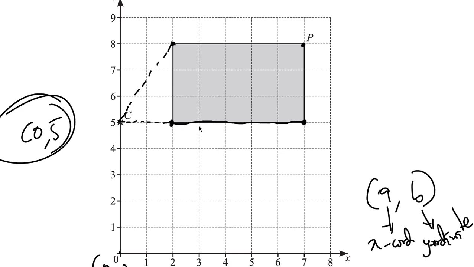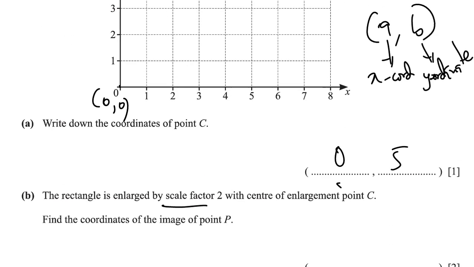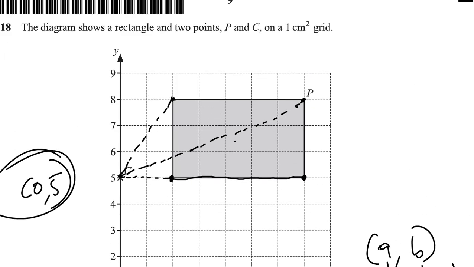This is connected to this, and then you can see this vertex over here, and then what we're gonna have is this down to this point, right? The question says scale factor 2, so that means we're multiplying by 2, right? It's increasing by 2. So what we simply do is to scale this up by the same. You can see 1, 2, 3 blocks. Same thing here.